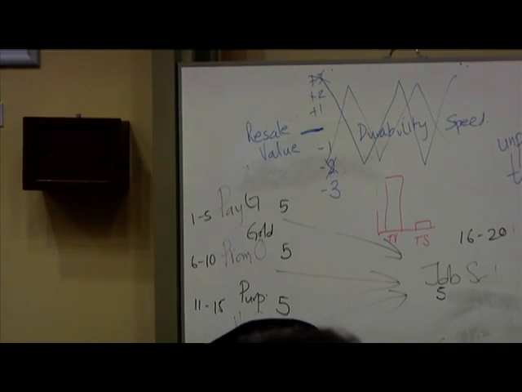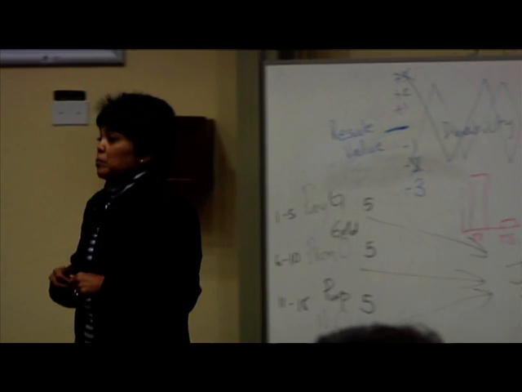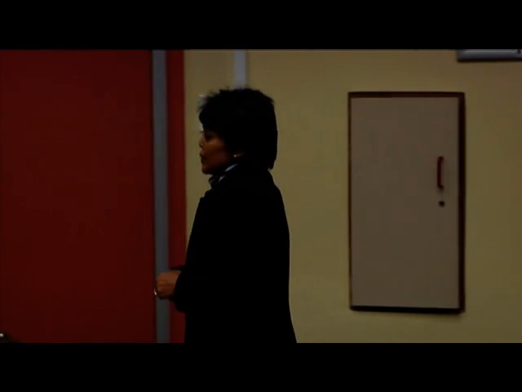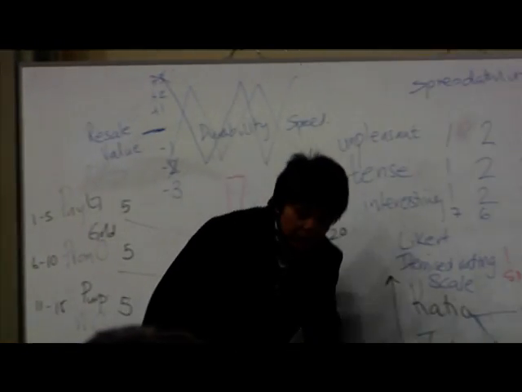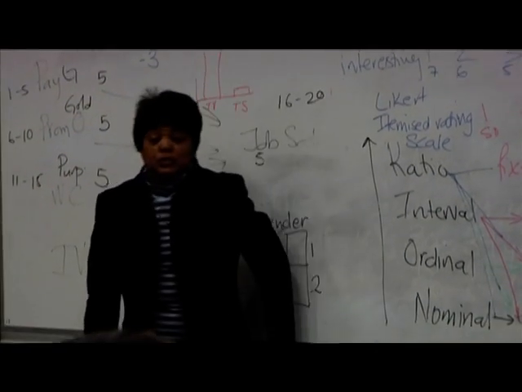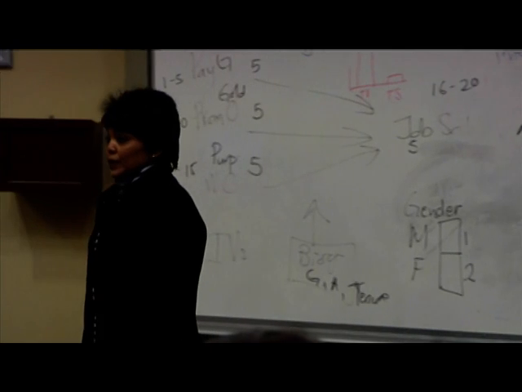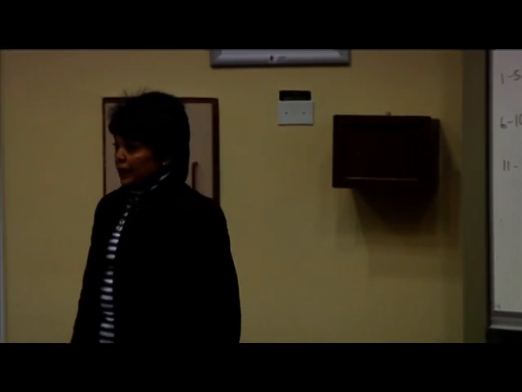To what extent you are happy, or to what extent you refer them to somebody else, very unlikely to very likely. That's your graphic rating scale. Now all of these scales fit into the levels of scales. And then you will be able to tell from that the level of analysis you would engage in.